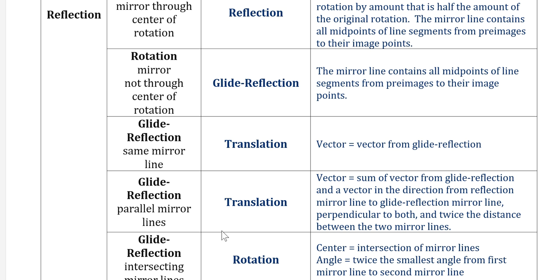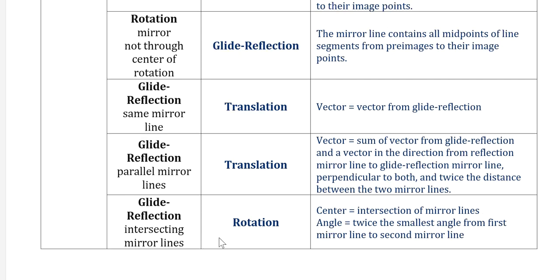If the reflection is first and then is a glide reflection but has a parallel mirror line from the mirror line for the reflection, you end up with a translation. The vector is the sum of the vector from a glide reflection and the vector in the direction from the reflection mirror line to the glide reflection mirror line, perpendicular to both and twice the distance between the two mirror lines.